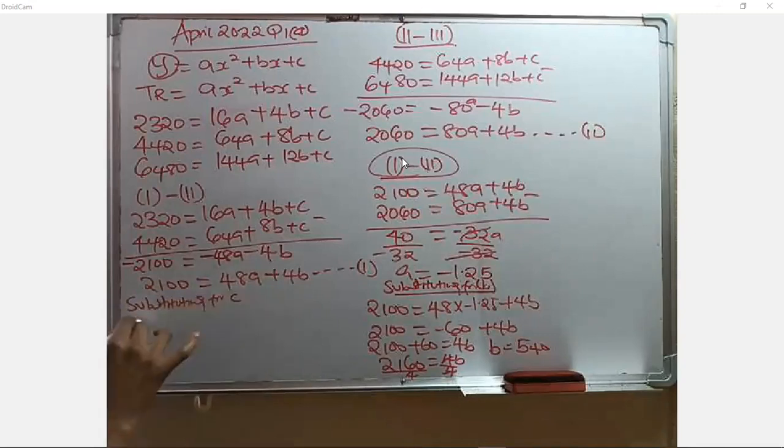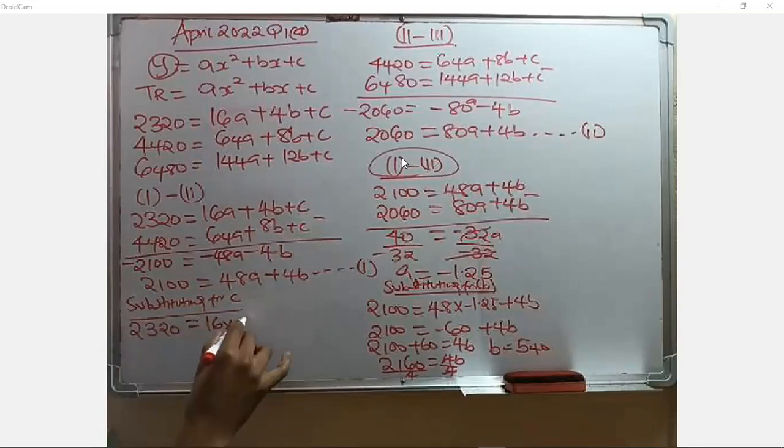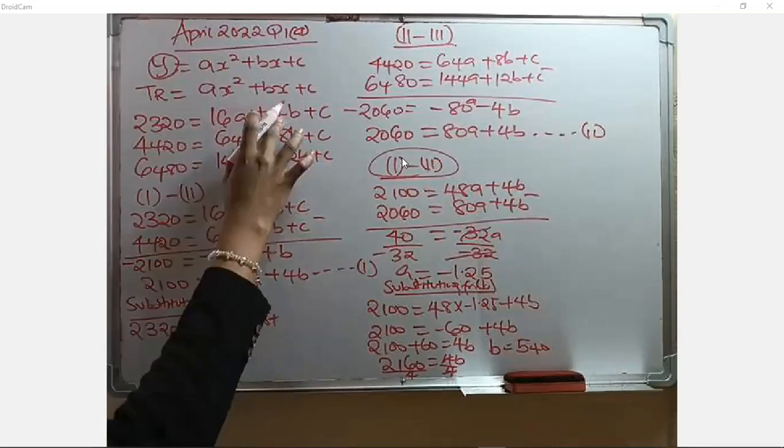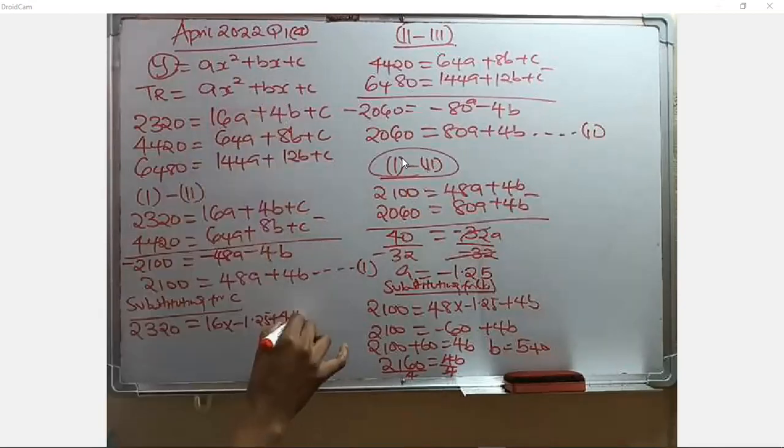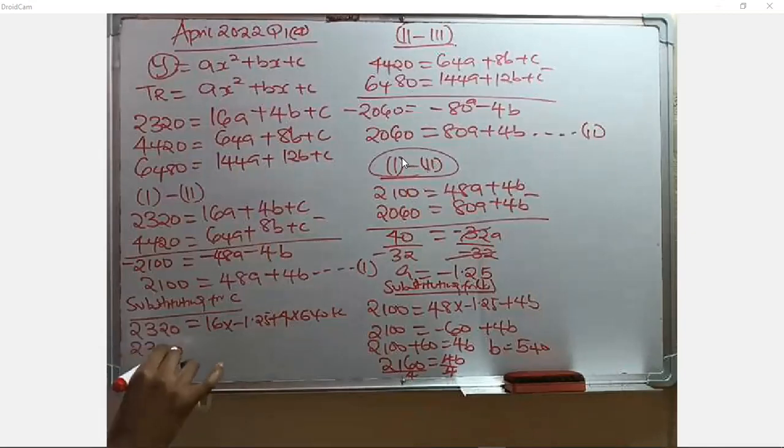Now I just want to substitute for c. We take one of the equations, which is 2320, equals 16 times a, which is negative 1.25, plus 4 times b, 540, plus c. So 2320 equals 16 times negative 1.25, which is negative 20, plus 540 times 4, which is 2160, plus c.